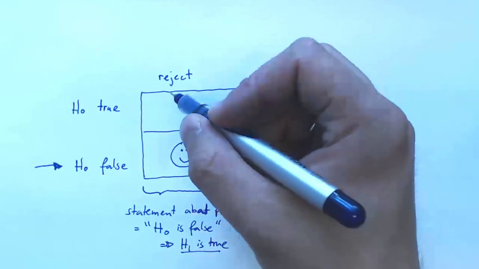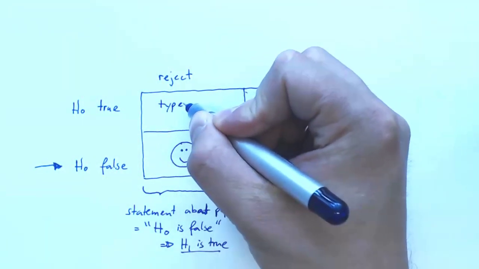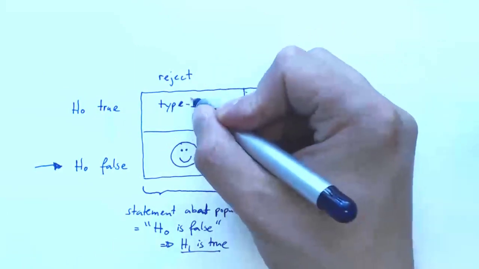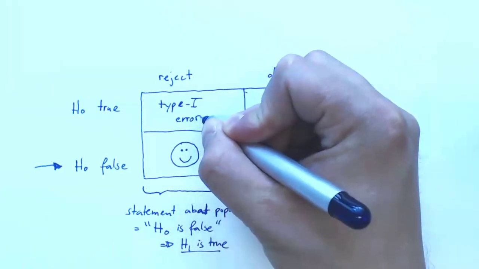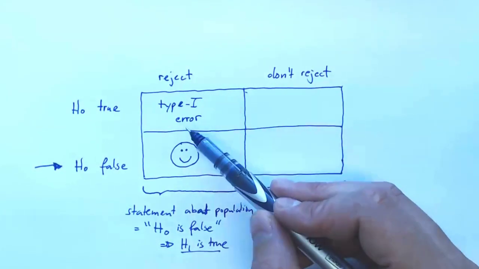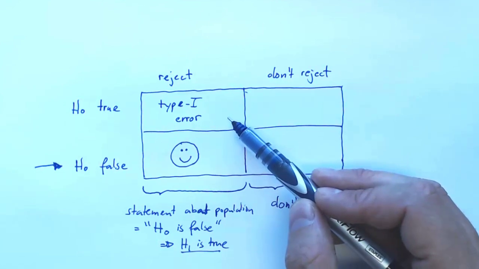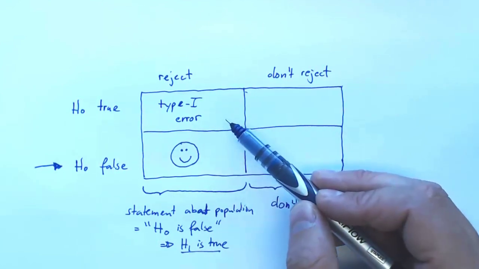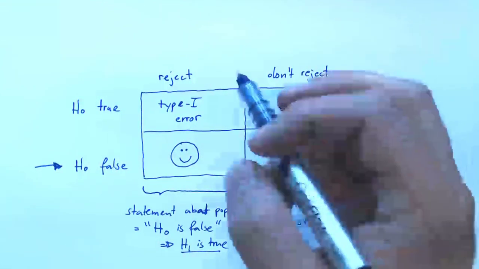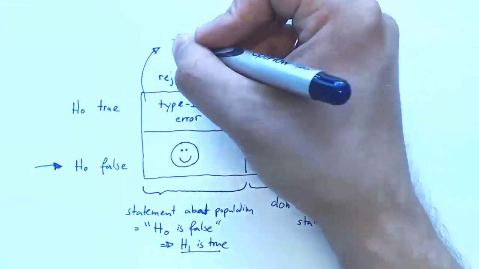And this kind of mistake is called type 1 error. And this is basically where you don't want to end up. You don't want to end up making a statement and having the statement be false. And this is what will determine the value of C alpha.